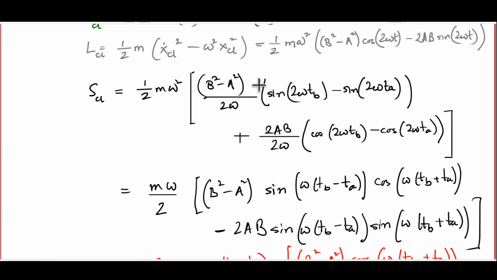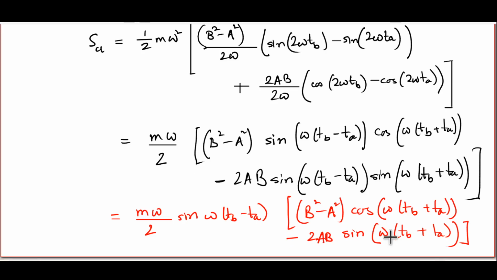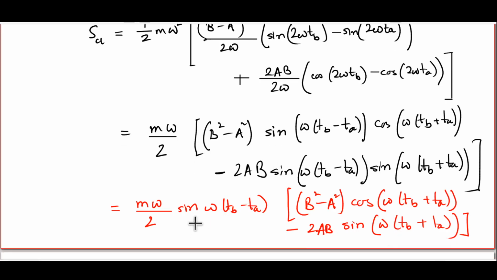But there was a 2 which comes in from the trigonometric expression, so that's why I only have an m omega by 2 outside. And all I have done here is just use the simple trigonometric sum to product, or rather difference to product rules.